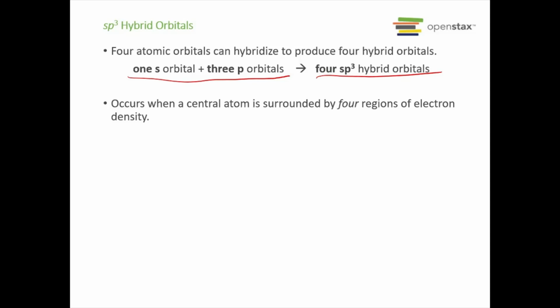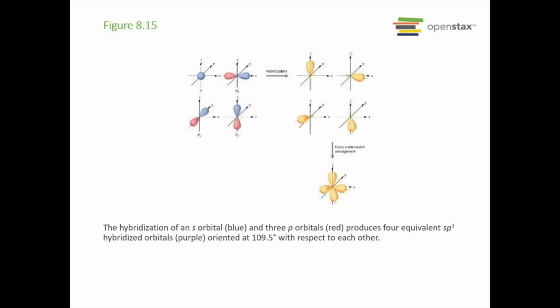Notice for all of these, it was one s orbital with however many p orbitals. That's the s in sp, then the p, and the number tells you how many p orbitals. Your central atom here has four regions of electron density around it, so tetrahedral.